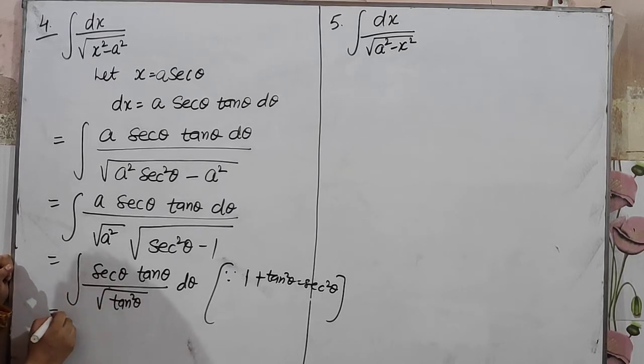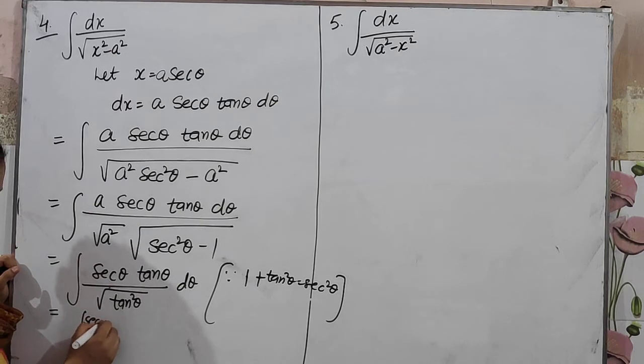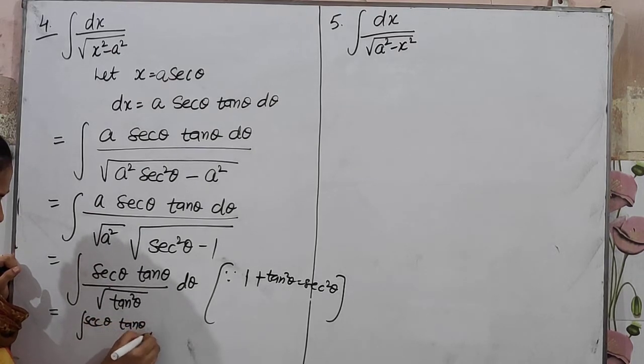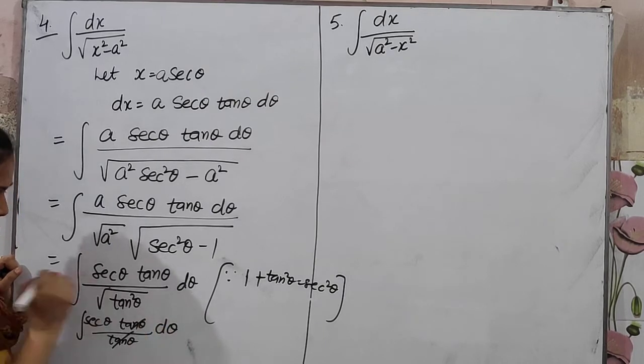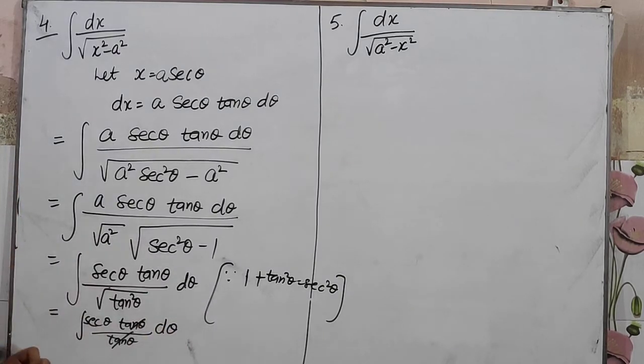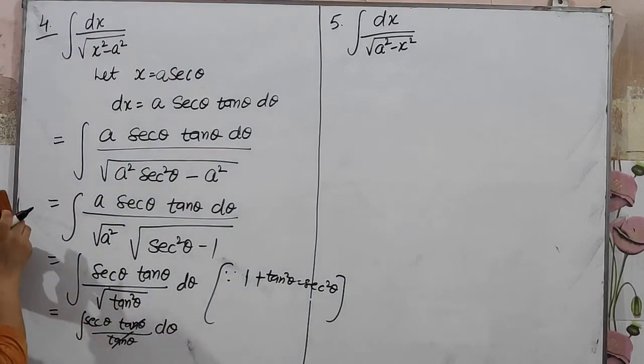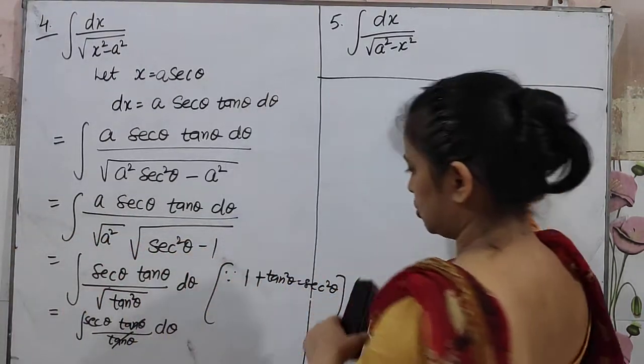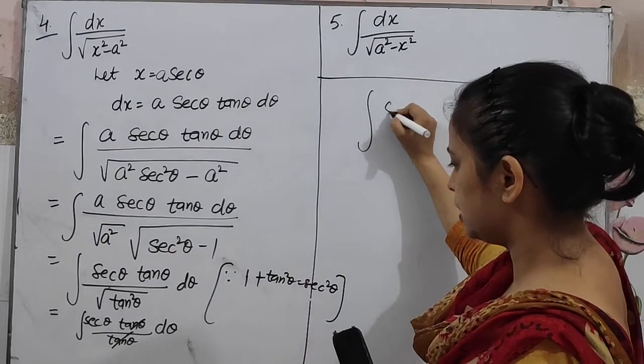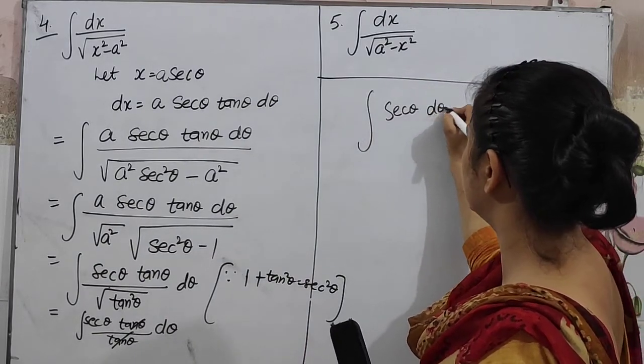It means this is nothing but secant theta tangent theta upon tangent theta d theta. Tangent theta is cancelled out. So we got the integration of secant theta d theta.